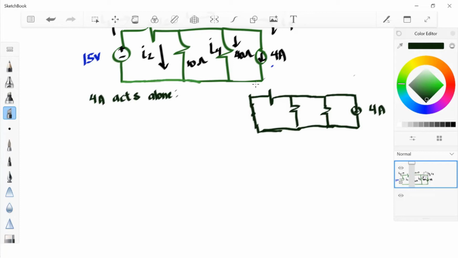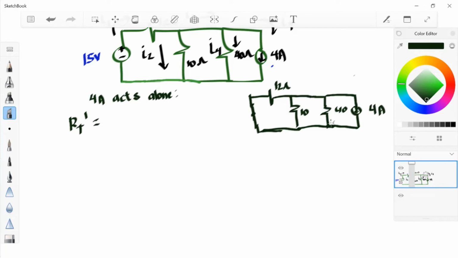Direction is very important. You can see this is 12 ohms, 10 and 40. By looking at this section, we can see that 12 ohms is in parallel with 10 ohms, as well as 10 ohms in parallel with 40 ohms.